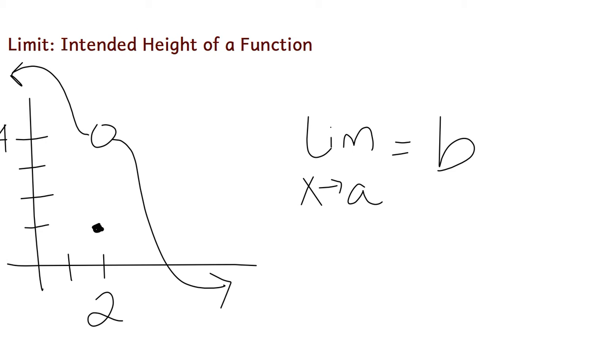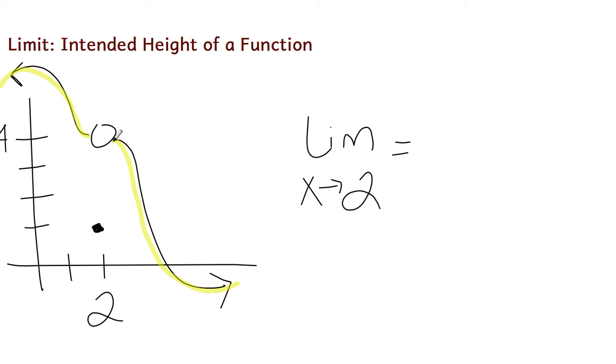So what have I just done there? All right, well, I can say now the limit of this function as x approaches 2 is, well, no longer b because I have an actual number. It is what? Well, what's the intended height of the function? Remember, the intended height of the function, we're just following the graph. And we really do have to say it has to have the same intended height from the left side as it does when we follow it up from the right side.